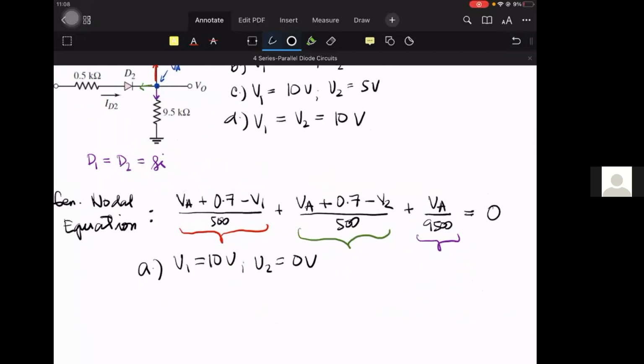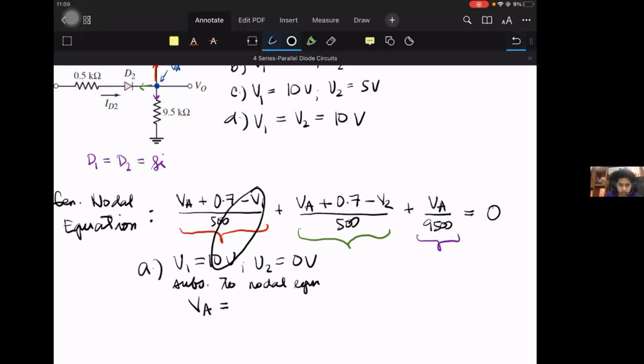So substituting this into the nodal equation, we could solve for VA. Substitute V1 here and V2 there.